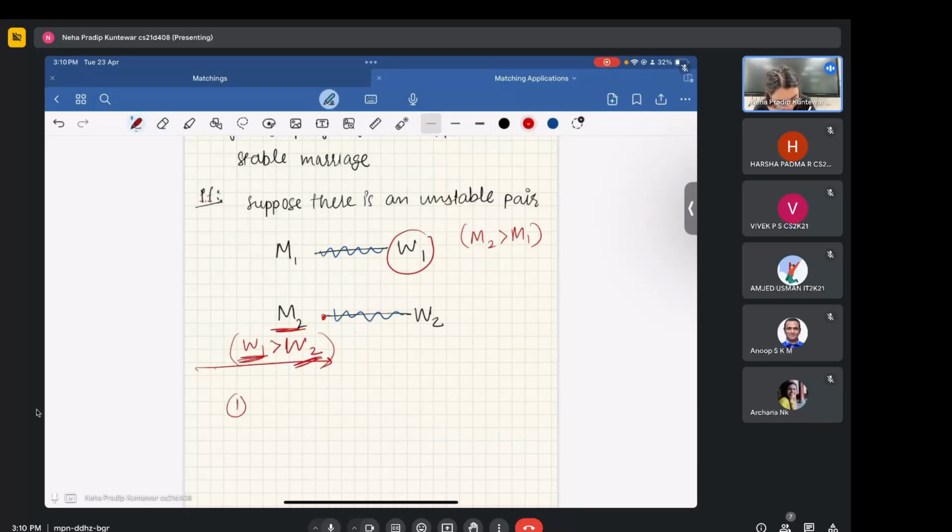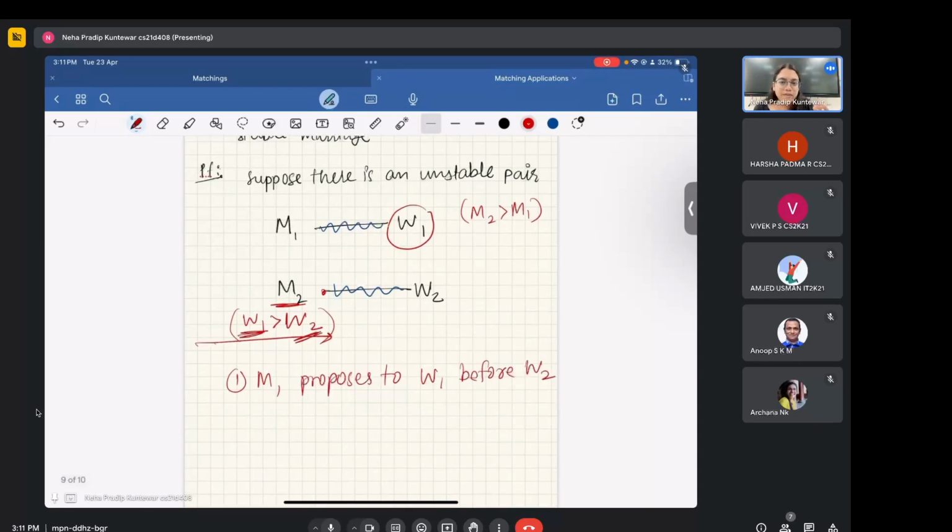First point is that m1 proposes to w1 before w2, simply because of the preferences. Okay, sorry, please read this as w2.